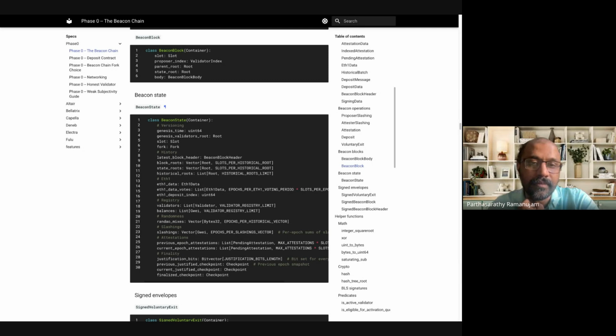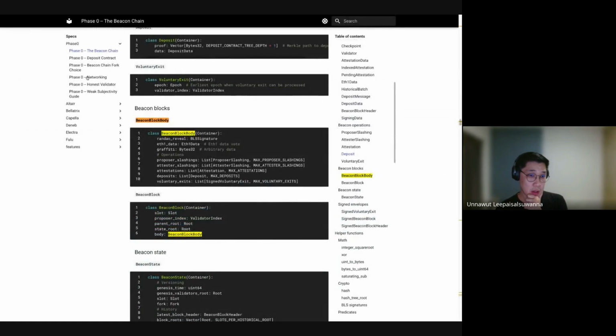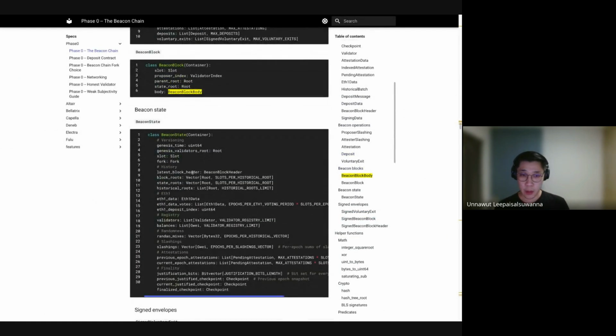Yeah, and I also want to add that per block, the slot is definitely going to change. The validators, it really depends whether there's a new validator added or removed, but it also doesn't mean that when a validator gets added or removed, the entire hash tree has to be recalculated, right?